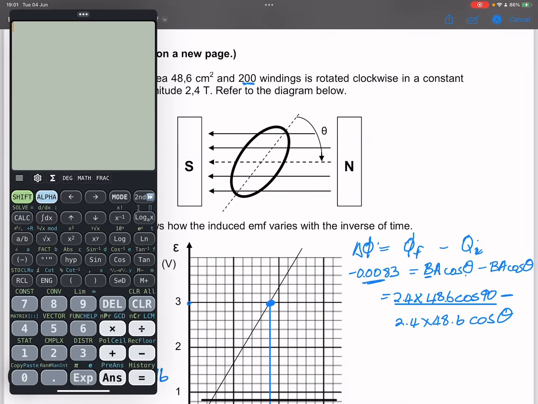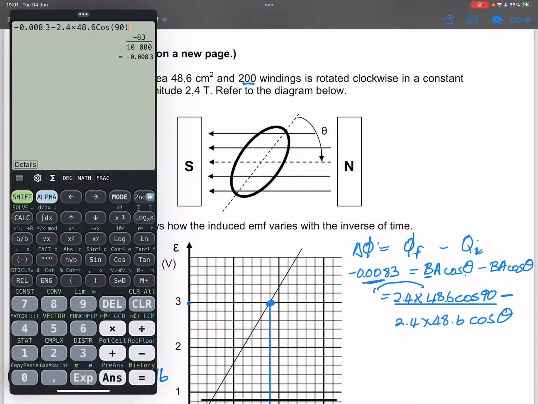Okay, so I'm going to say negative 0.083, right? Now I'm going to subtract this entire thing. So minus, this is 2.4 times 48.6 cos of 90. Okay. Now notice in this case I get exactly the same. In fact, I just made a mistake. I said cos of 90 is 1, but it actually is 0, right?